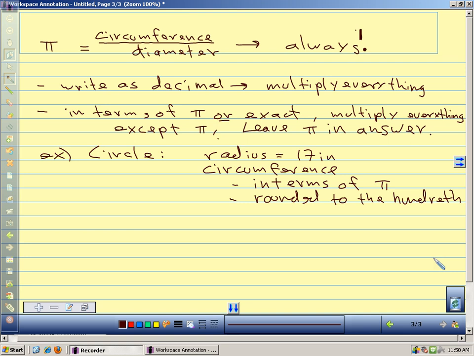So how are we going to find the circumference? What formula are we going to use?